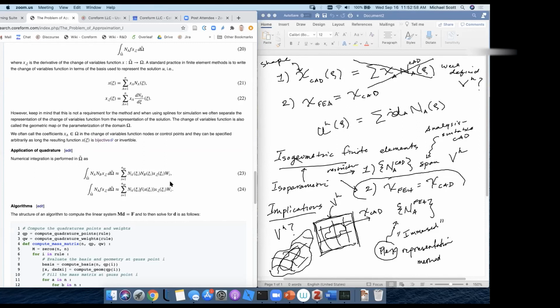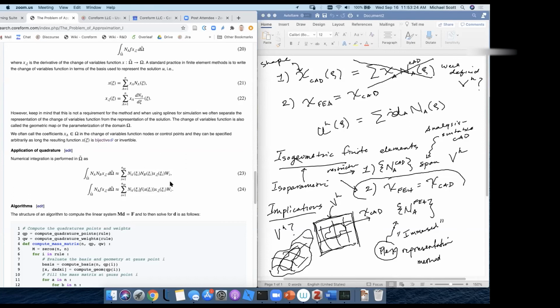Because they're not accurate if you use linear finite elements. You need the higher order smooth splines to make the flexible representation method work at a high level of accuracy. And we're starting to see this even penetrate a little bit in linear solid mechanics, right? With Discovery Live.